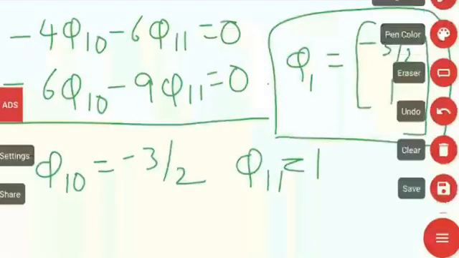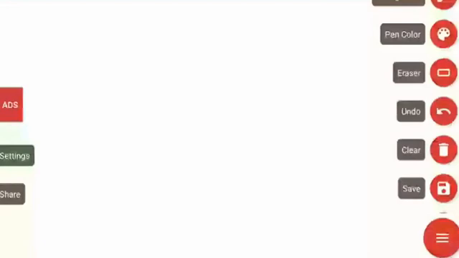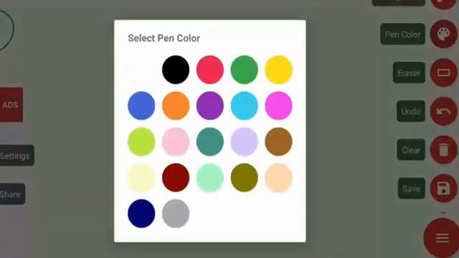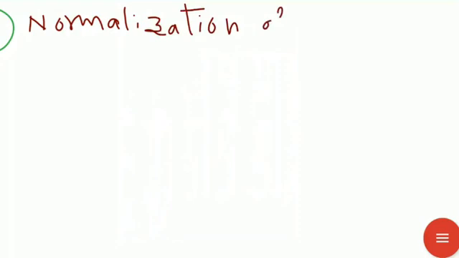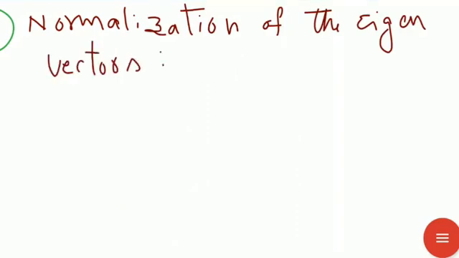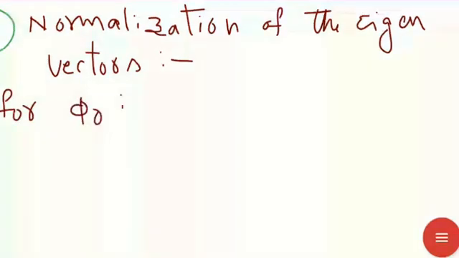After getting the two vectors, phi naught and phi 1, you should normalize. Normalization of the eigenvectors of the covariance matrix. The first one is for eigenvector phi naught.